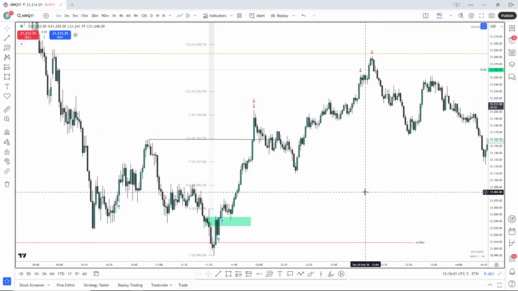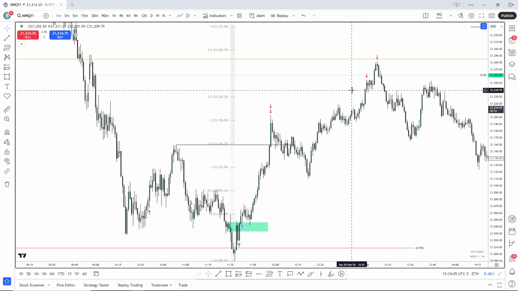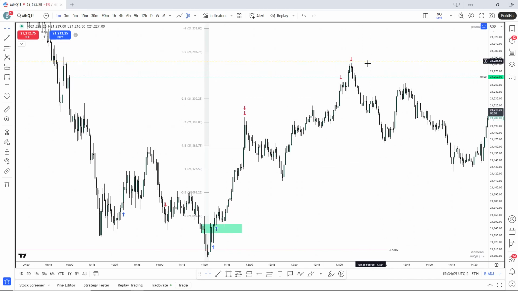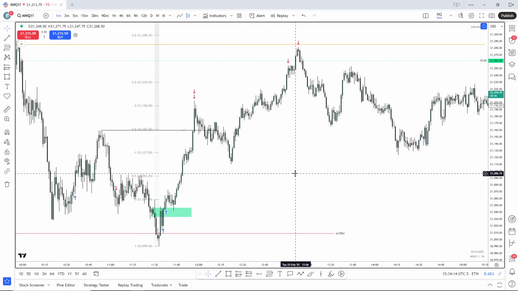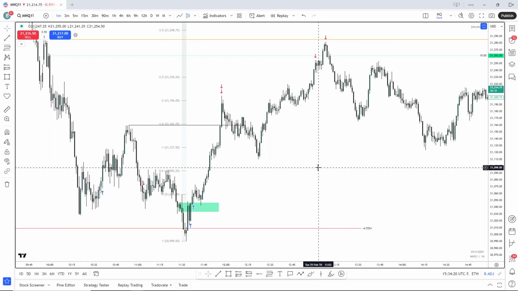From there, I held up into here, where we formed SMT at the hourly SIBI, and then up in here, I full closed once we got into that hourly SIBI. So that was the trade idea from beginning to terminus, inception to terminus.